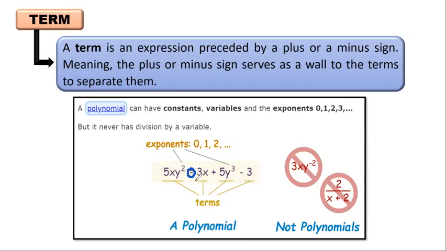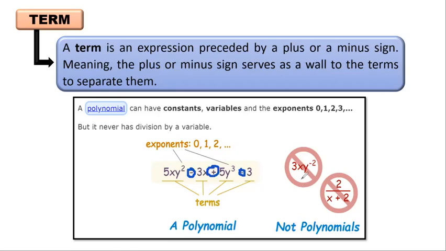And also 3x is separated from 5y cubed by a plus sign. And 3 is separated from 5y cubed by a minus sign. So we have 1, 2, 3, 4 terms in total. And this is an example of a polynomial.